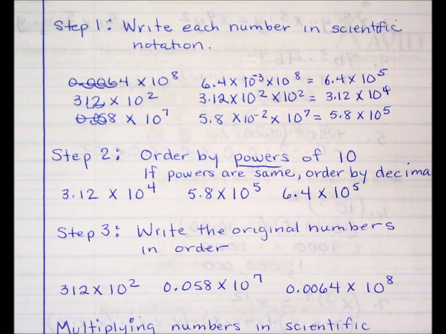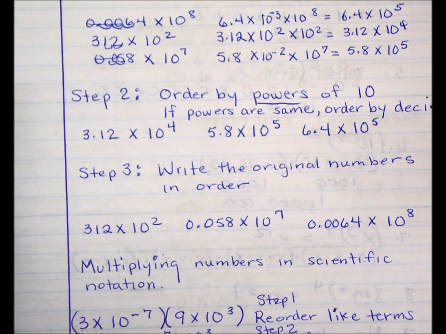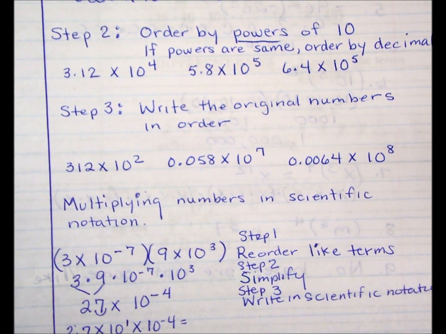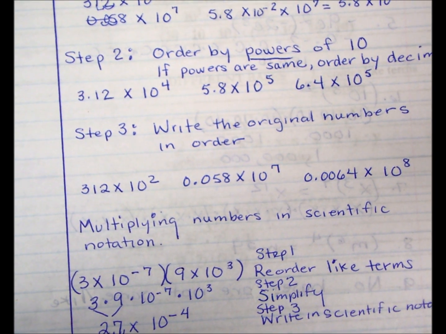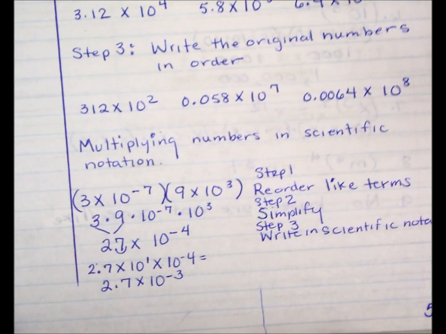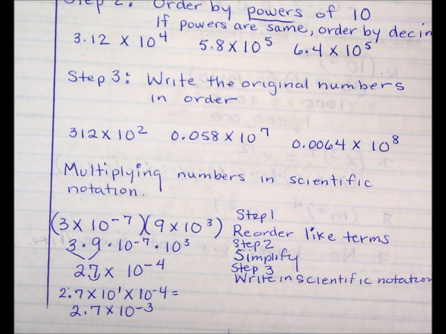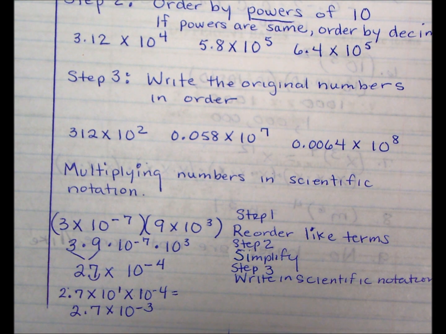Okay, now we're going to look at multiplying numbers in scientific notation. Okay, so in multiplying numbers in scientific notation, step 1 is to reorder the like terms.